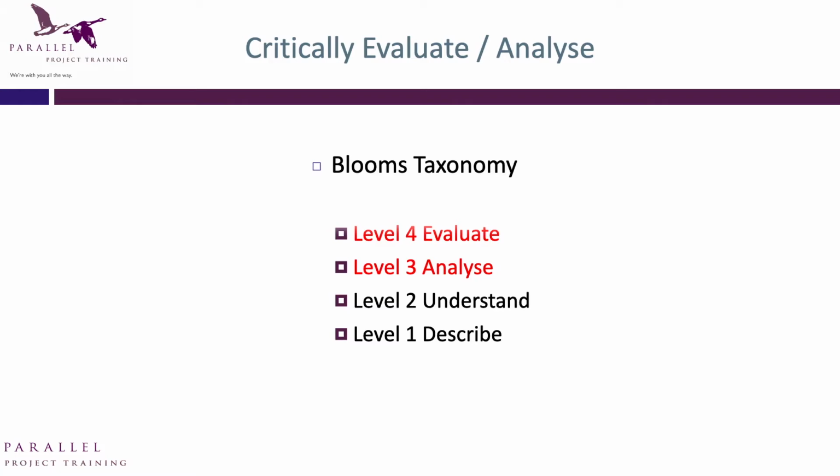That's level 3, analyse, level 4, evaluate and critically evaluate. Level 5 is where you do your dissertation, so your PhD or your master's. You're taking other people's research, combining it and creating something new. We're not looking at create, we're not looking at understand or describe, we're looking at levels 3 and 4 here. We're looking at taking stuff, analysing it, critically evaluating it and coming up with some sort of recommendation.